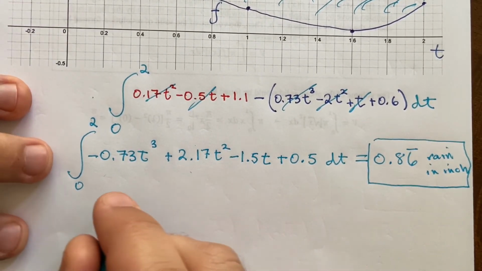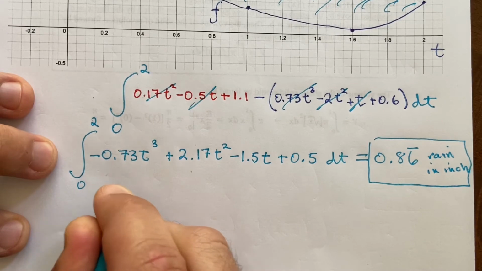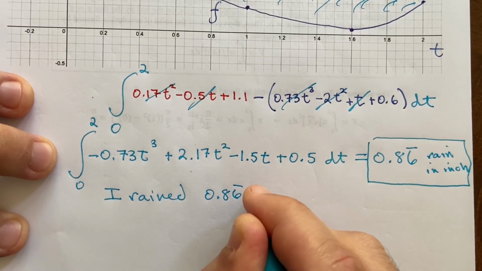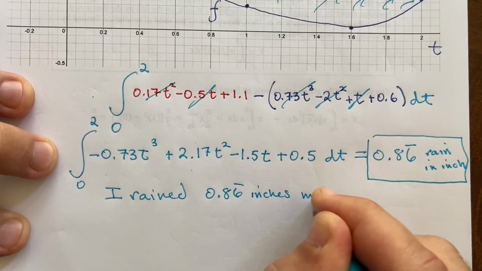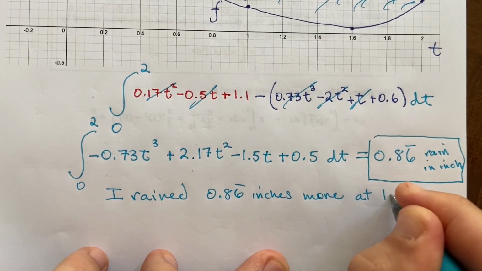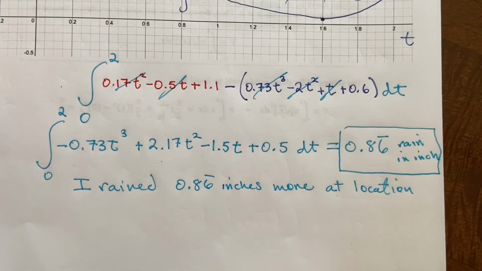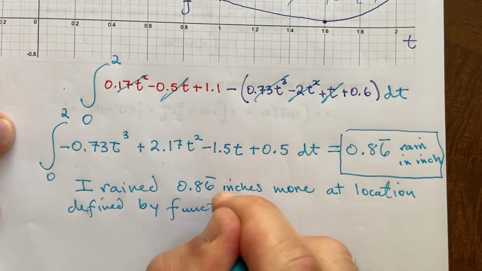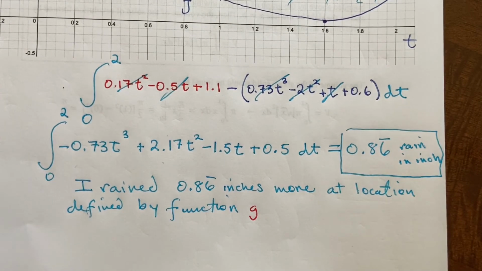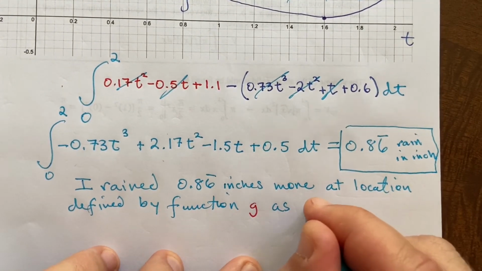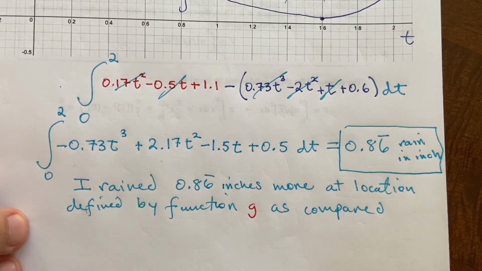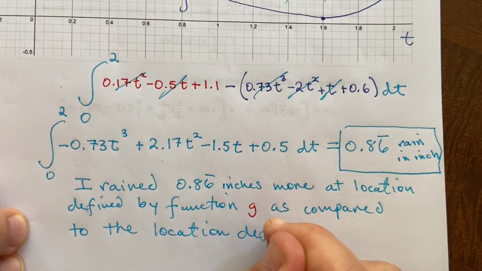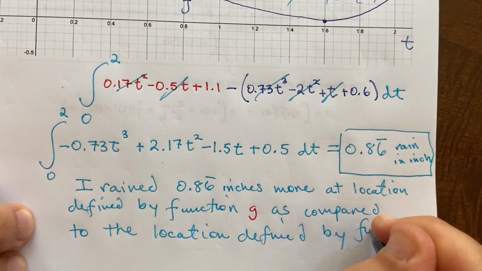So I'll go ahead and summarize that here. So it rained 0.86 inches more at the location defined by function g as compared to the location defined by function f.